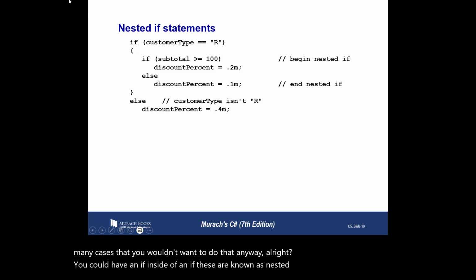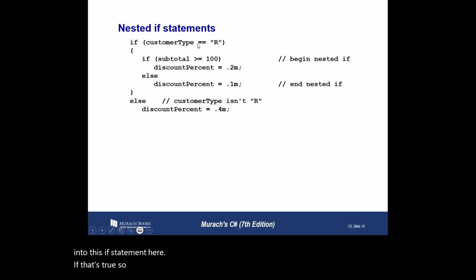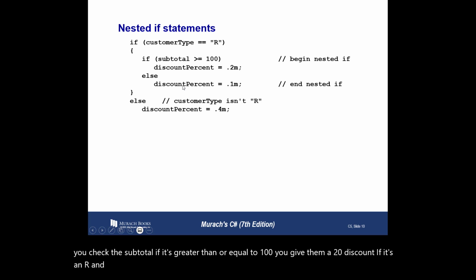In other words, you only get into this if statement here if that's true. So if customer type is not an R, you go down to here. If customer type is an R, then you check the subtotal. If it's greater than or equal to 100, you give them a 20% discount. If it's an R and it's not greater than or equal to 100, you give them a 10% discount.